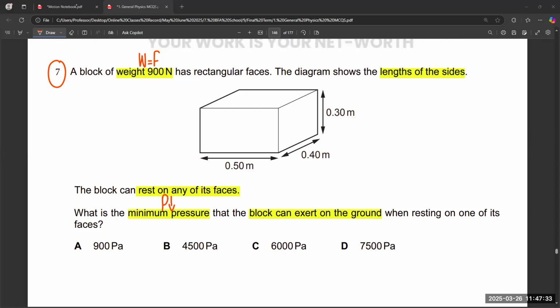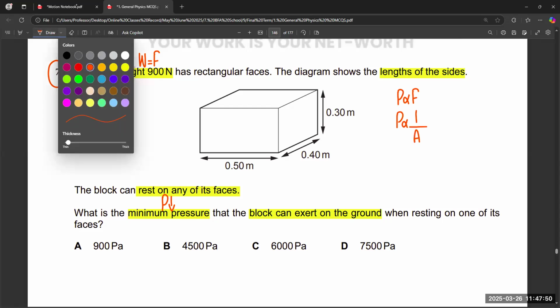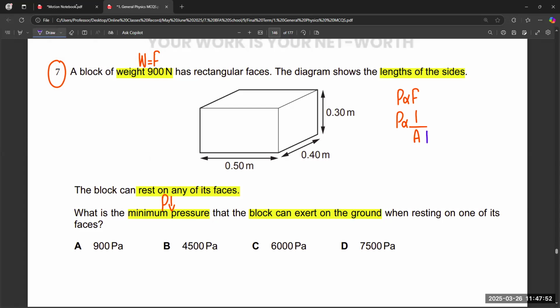After that, we have to find the minimum pressure. Pressure is directly proportional to the force, and force is constant, so it remains the same. But pressure is inversely proportional to the area. So if we select the maximum value of area, we get the minimum value of pressure.